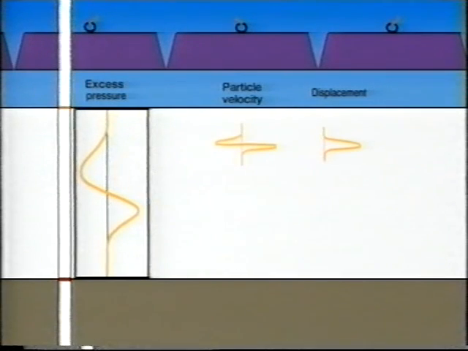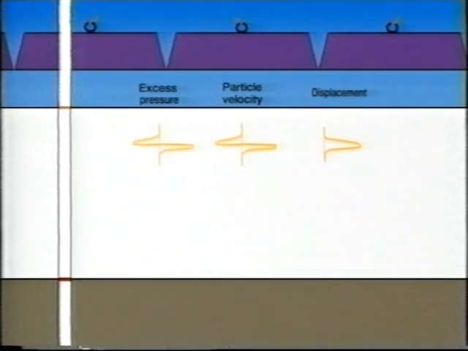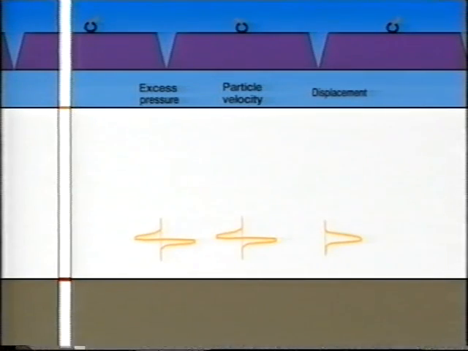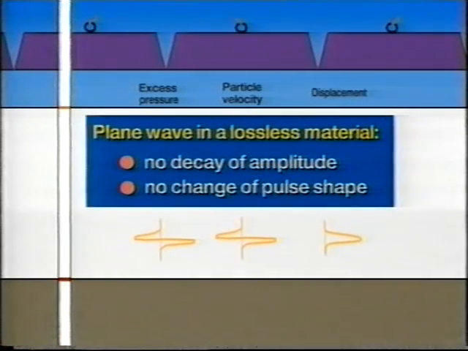And so a spike doublet of particle velocity and a spike doublet of excess pressure. All very simple. Here's another delightfully simple feature. In a lossless material, a plane wave propagates onward with no change of amplitude and no change of form. There is no decay of amplitude, no change of shape forever.